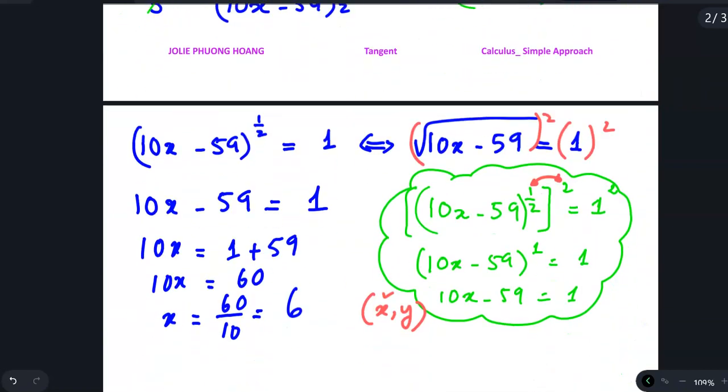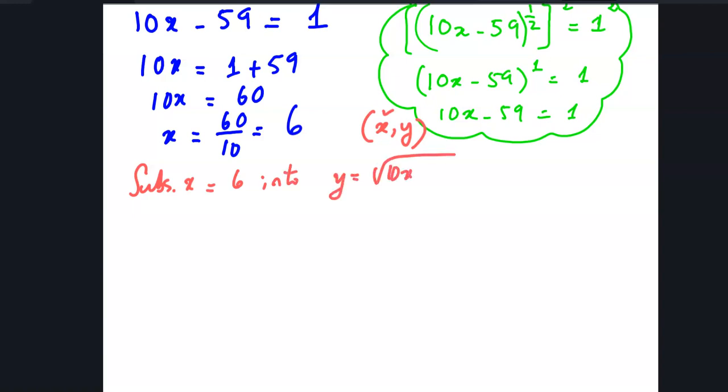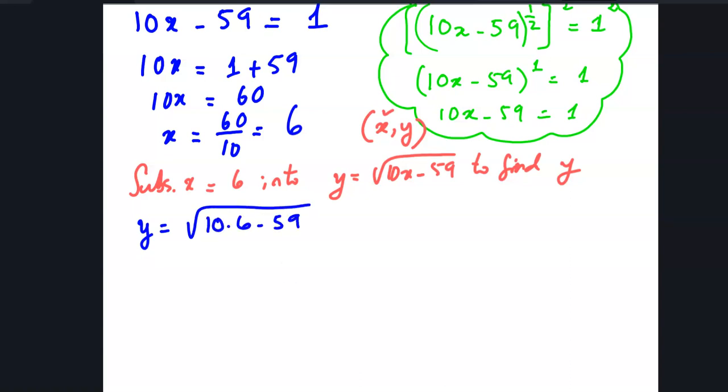I will substitute x equal to 6 into y equal to the square root of 10x minus 59 to find y. So y equals the square root of 10 times 6 minus 59. 10 times 6 is 60, minus 59, the square root of 1 is equal to 1.